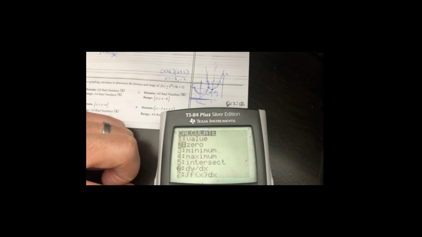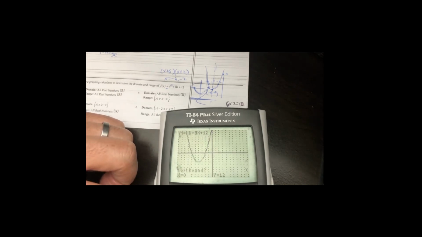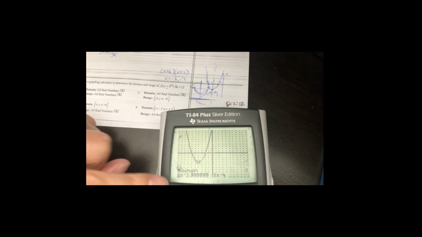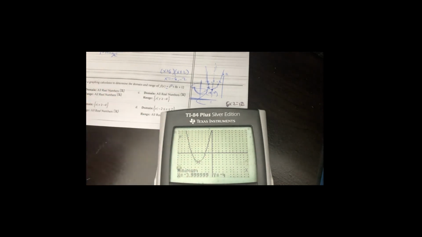So second trace, go to minimum. Where is my, there you are. Left side to the right, and guess. And that's essentially -4, -4.